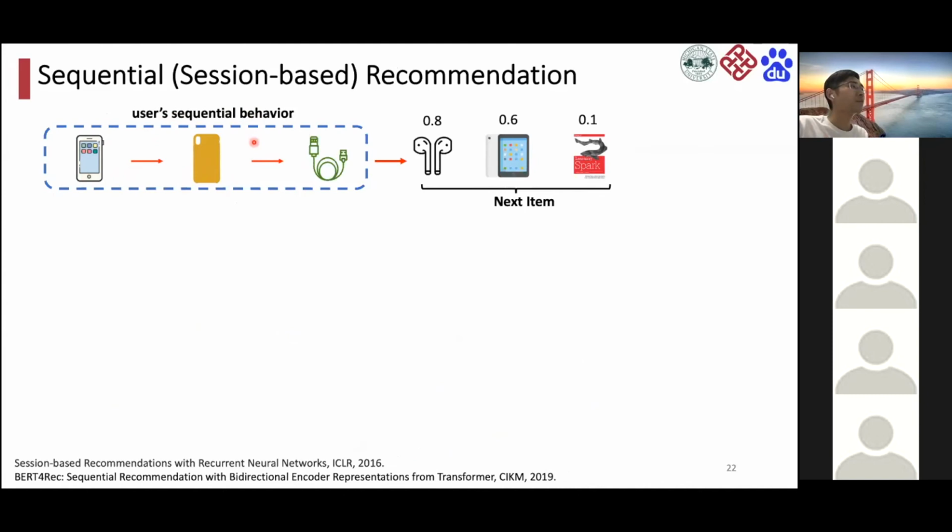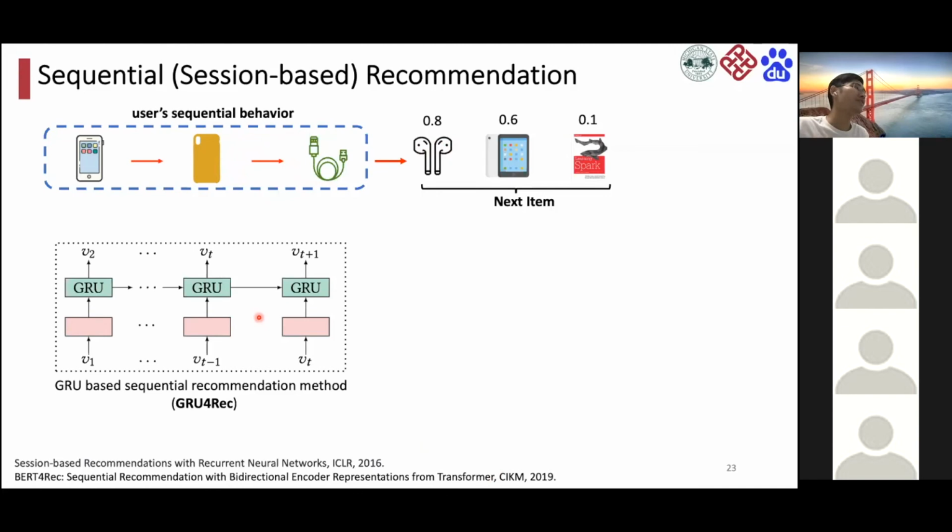So sequential recommendation is proposed to model such user sequential behavior, and it is based on Markov chains, which utilize the sequential data by predicting the user's next action given the last action.